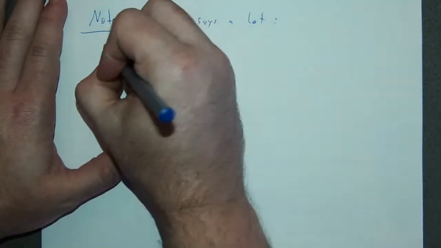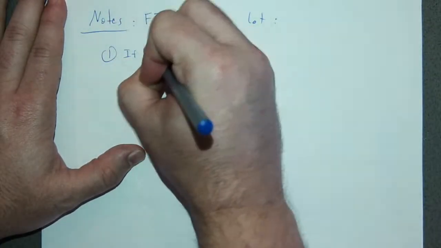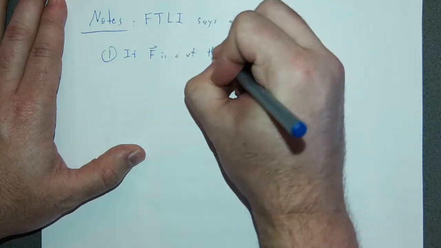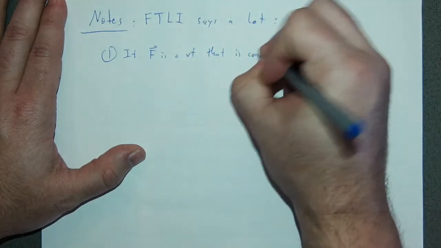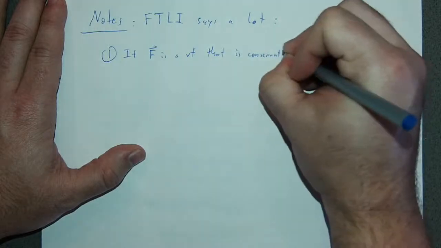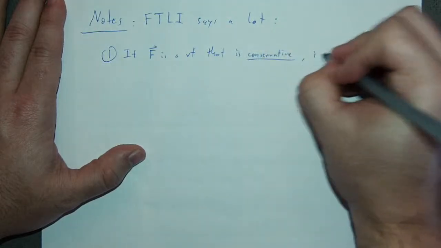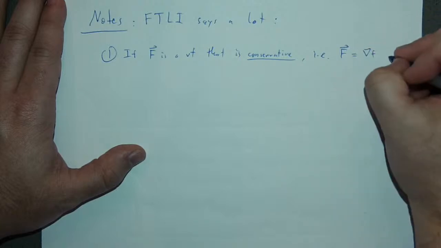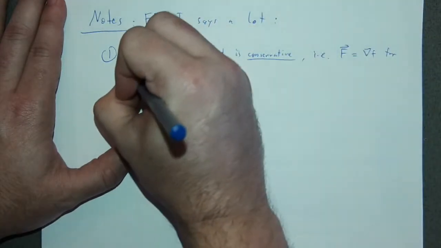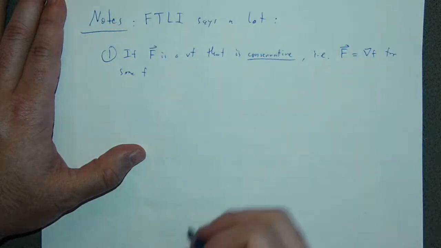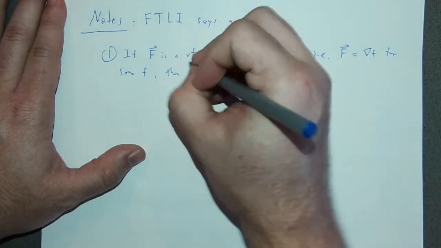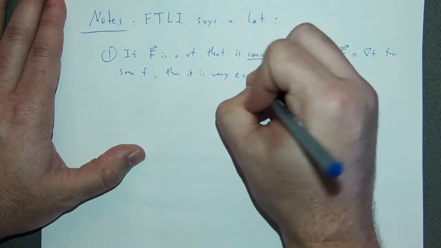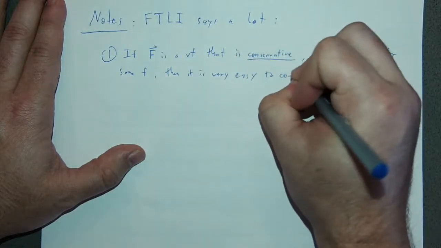One, if F is a vector field that is conservative, i.e., F is the gradient of little f for some function little f, then it is very easy to compute the line integral.